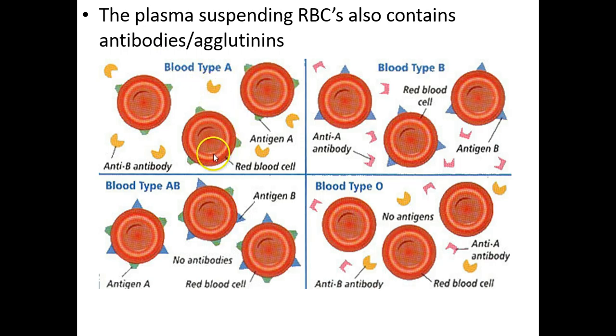What I need you to look at is if you are blood type A, you have antibodies that attack B. If you are blood type B, you have antibodies, these pink things, that attack red blood cells that are blood type A. If you are blood type AB, notice there are no antibodies.